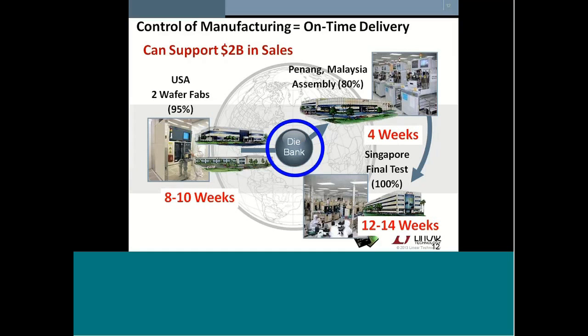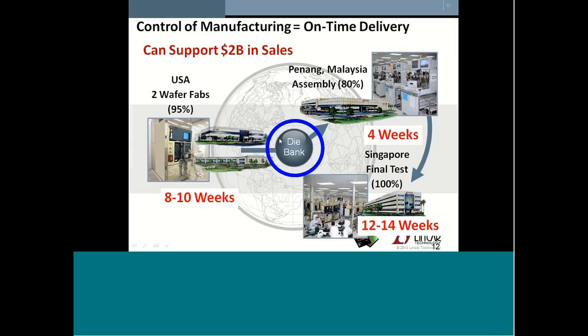Normally, the process of manufacturing the wafer takes 8 to 10 weeks. In addition, after we produce the wafer, it needs 4 weeks for assembly and testing, and normally you need 12 to 14 weeks for a ready product.